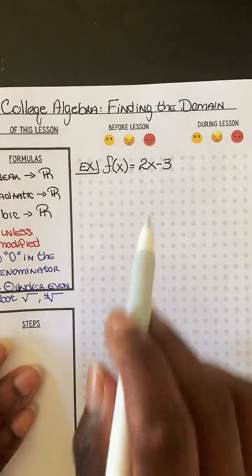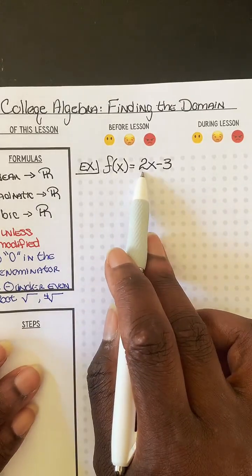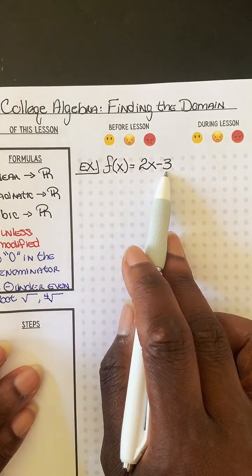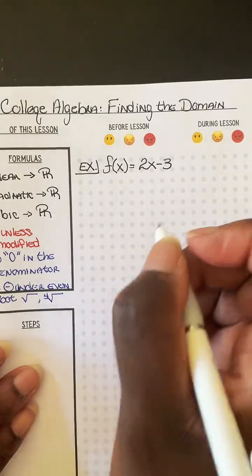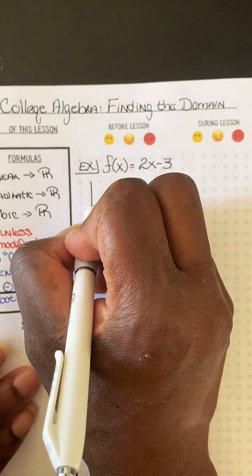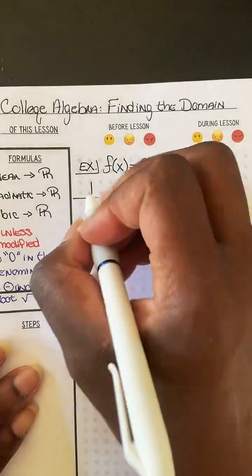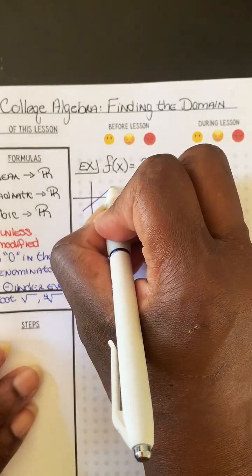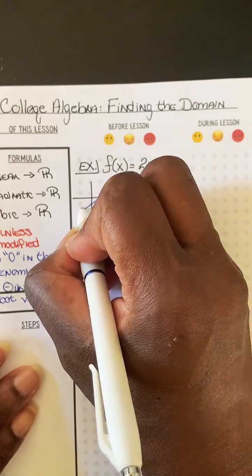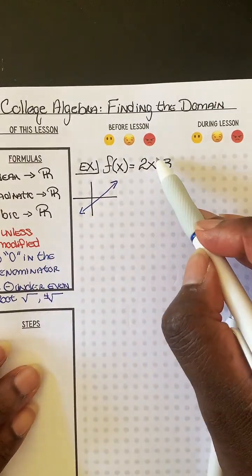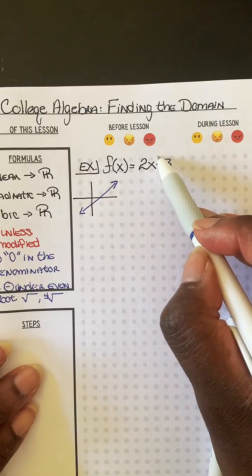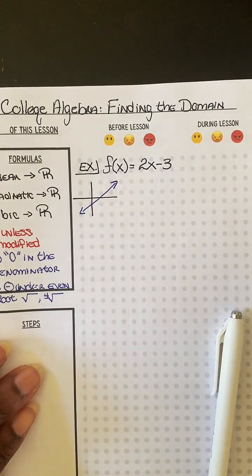If you recall, this is my slope, which is positive. This is my y-intercept, which is negative. So if I do a quick little sketch, this is telling me that my graph is, again, linear, because my highest exponent is a 1. If you don't see anything, it's assumed to be a 1. So we got a straight line.